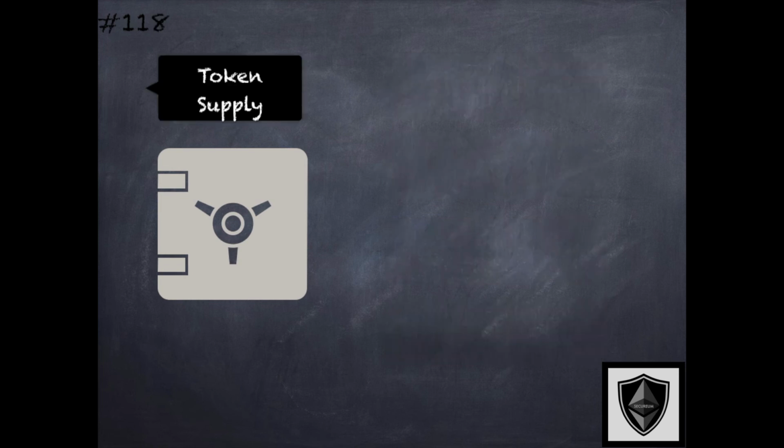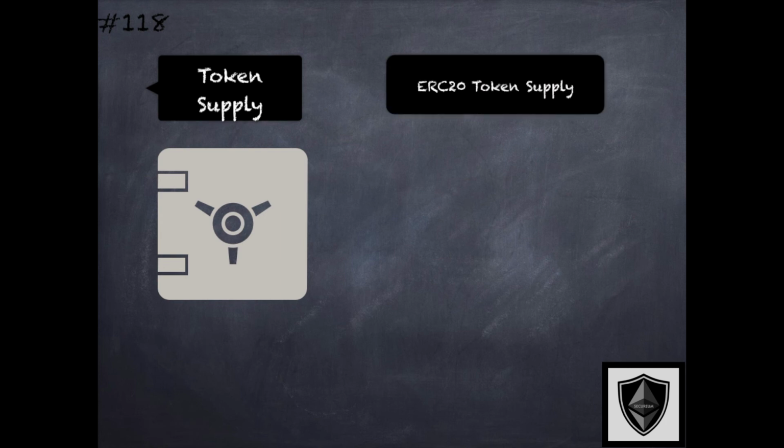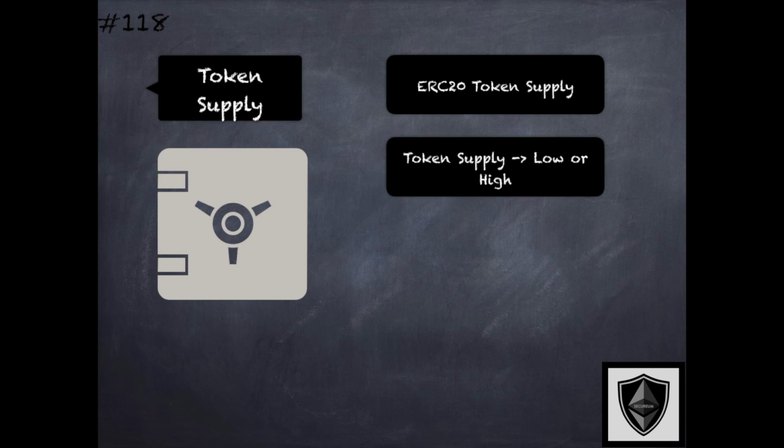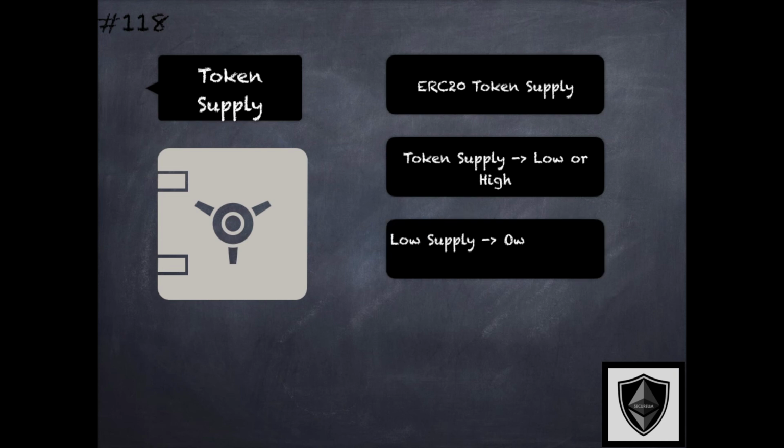A related concept is that of token supply. Token supply refers to the number of ERC20 tokens that is supported by this token contract. And this supply depends on what has been implemented for that particular contract and application, but it could be low or it could be high. And the concerning situation is when a particular ERC20 contract has a very low supply of its tokens.